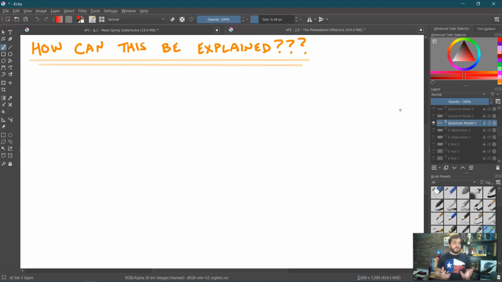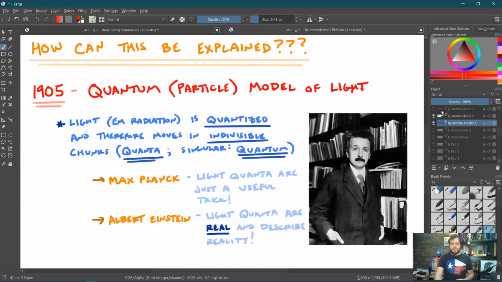And this is where the confusion came from for about 15 years or so, until about 1905, when a new idea was brought really to the fore. And that was the quantum, otherwise known as the particle model of light. So this quantum or particle model tells us that light, or electromagnetic radiation, is in fact quantized.